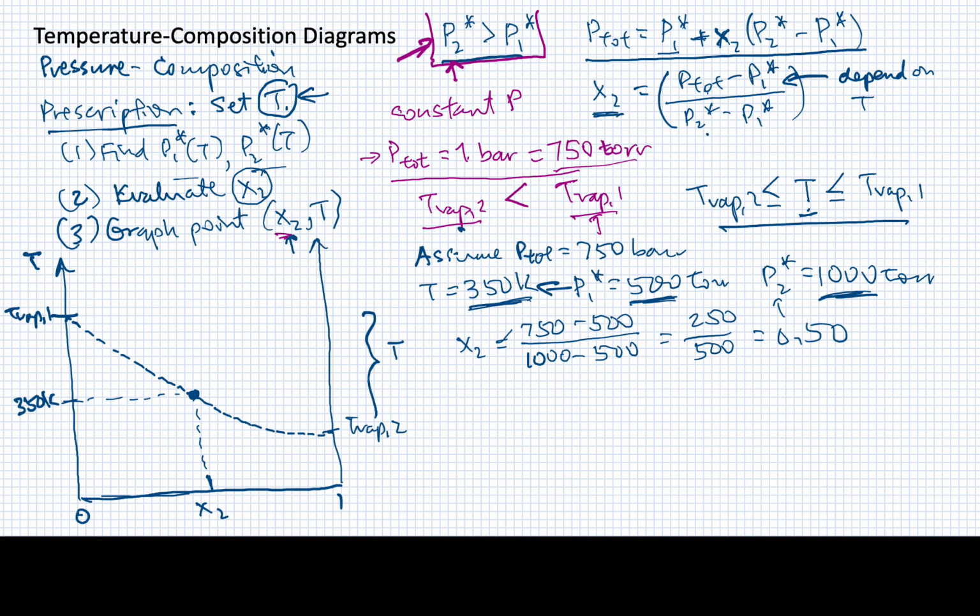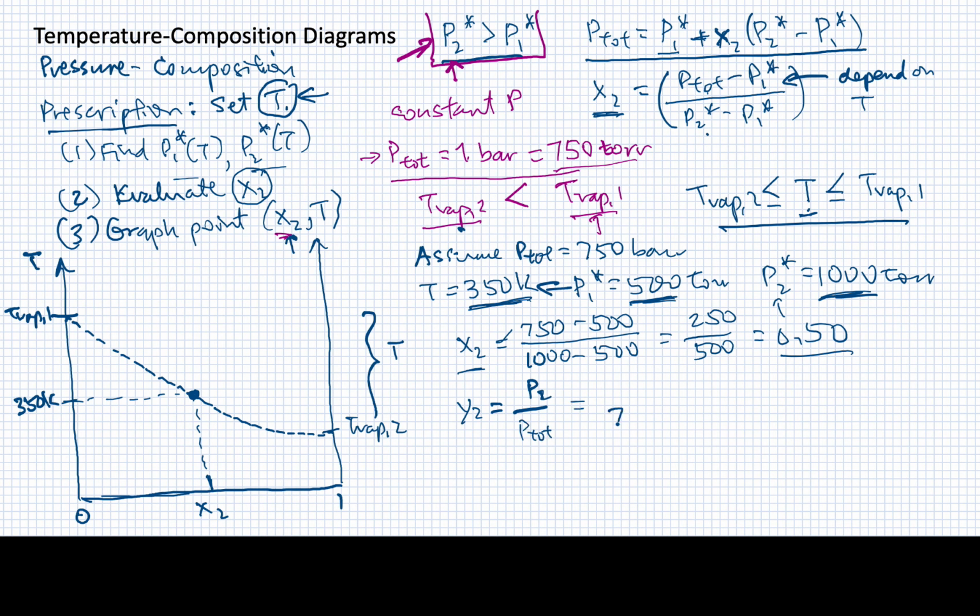Now, having drawn that curve, what would be the mole fraction in the gas phase for this same system? Okay, I've already got the mole fraction in the solution phase is 0.5, so that's true for both components. For component 2, I'm going to need the vapor pressure of component 2 divided by the total pressure.